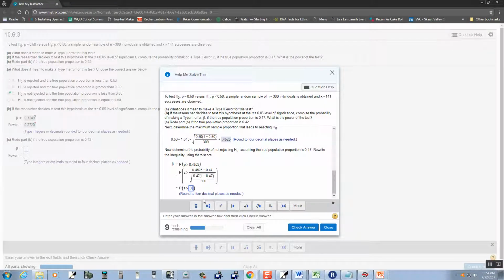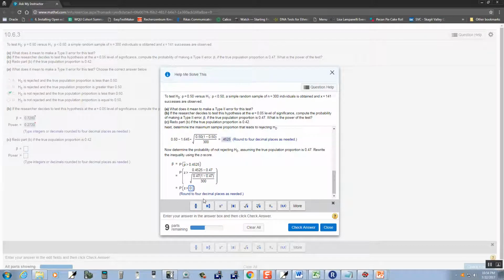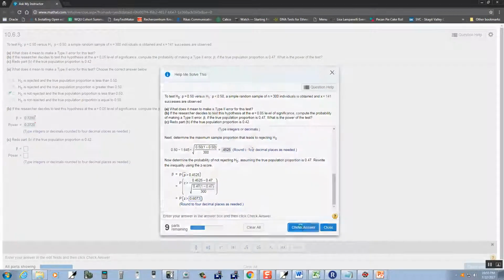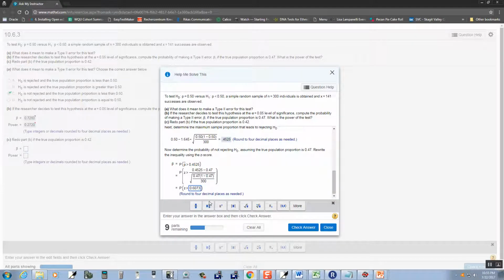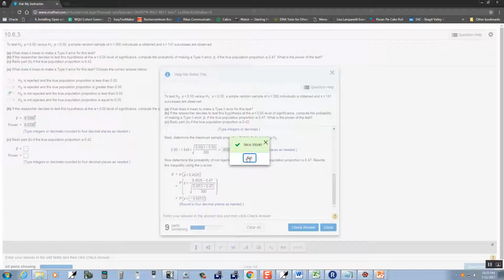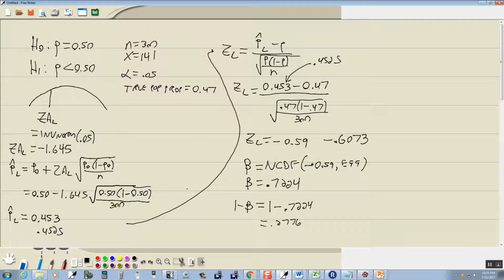So 0.6073. I didn't put negative. Let's try it again. Negative. There we go. Now this normal CDF here is still going to be the same, but we're going to put in a negative 0.6073.